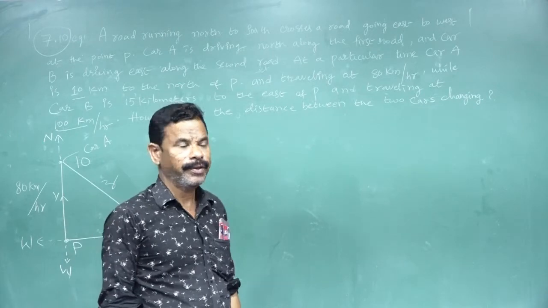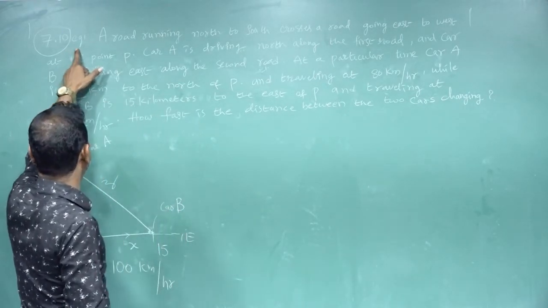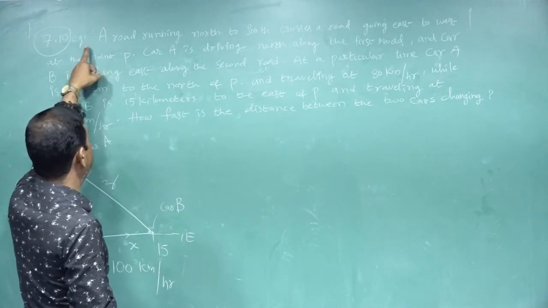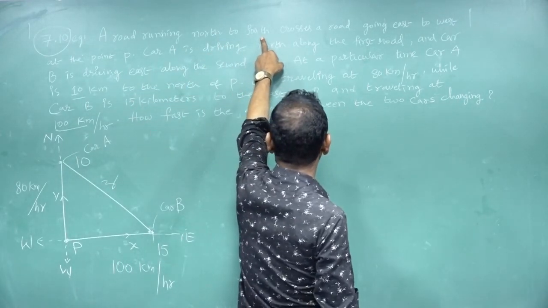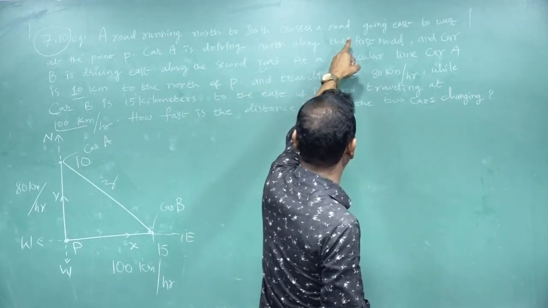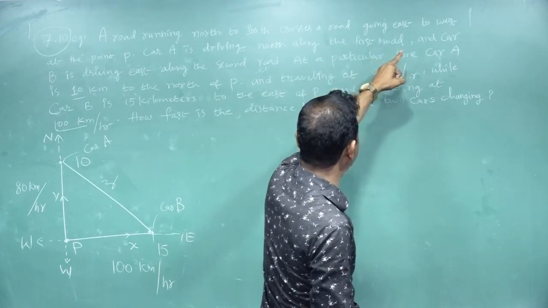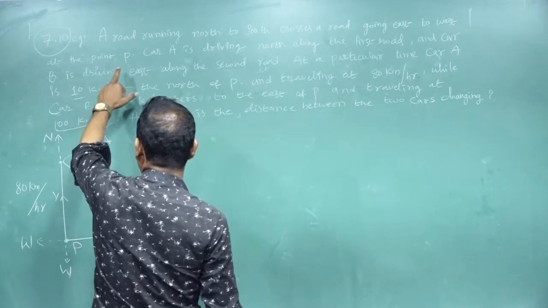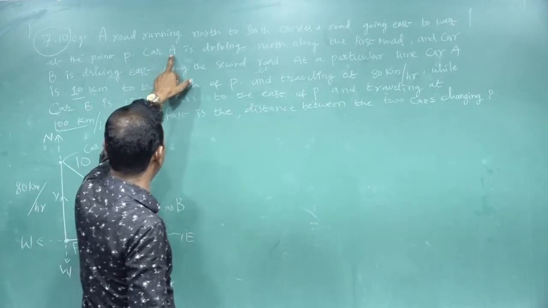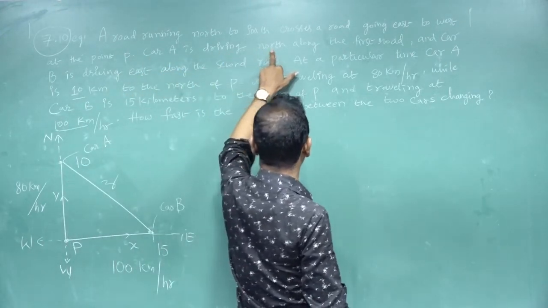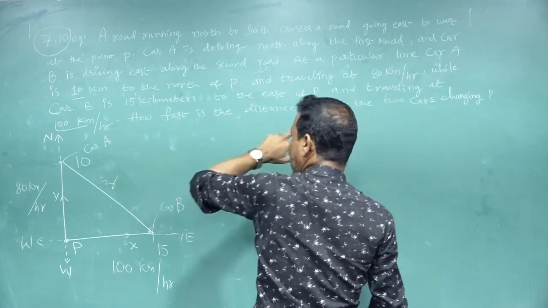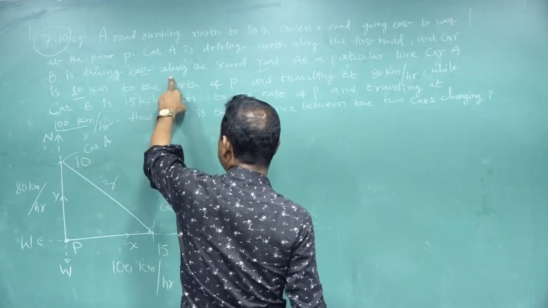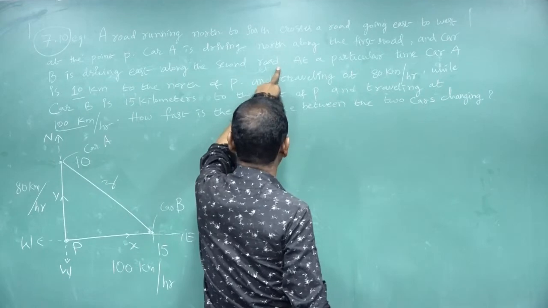Next, example 7.10. A road running north to south crosses a road going east to west at the point P. Car A is driving north along the first road and car B is driving east along the second road.